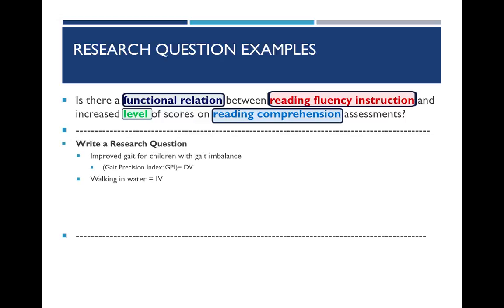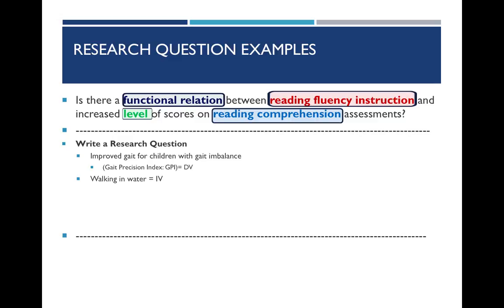Now flip that around and go through an exercise with me. Think about writing a research question. In this case, let's look at a question in which the area of study is the physical walking, the gait of children who have muscle problems that create gait imbalance.